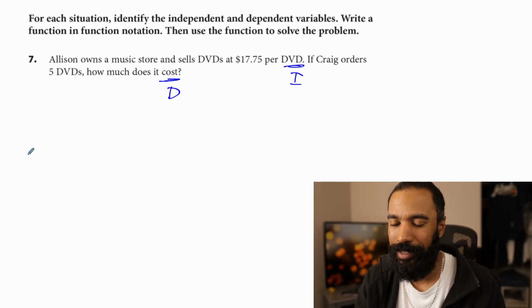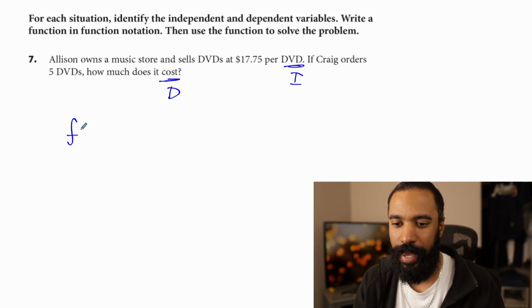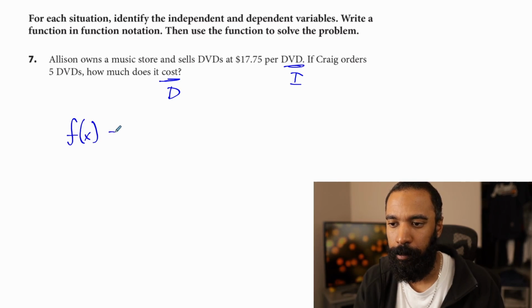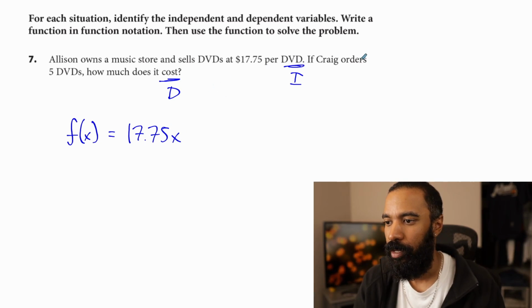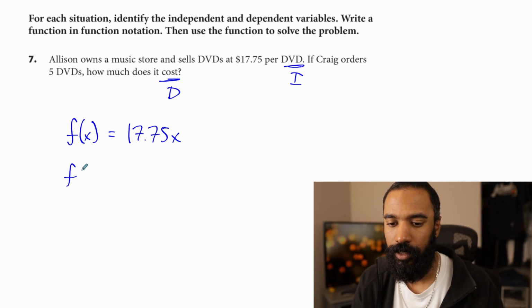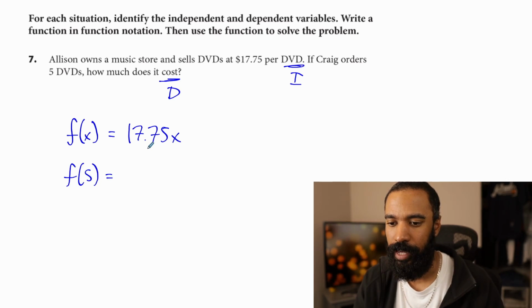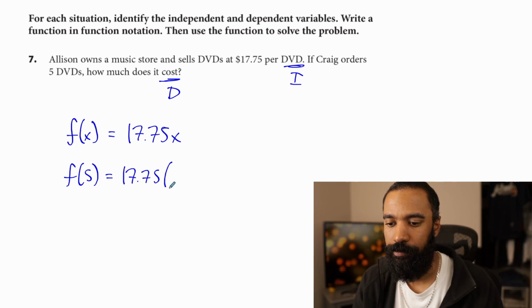So again, I've got to work fast now. I realize how much I talk. f of x, the cost, is a function of the number of DVDs at $17.75 per DVD right there. If Craig orders 5 DVDs, that is 17.75 times 5.